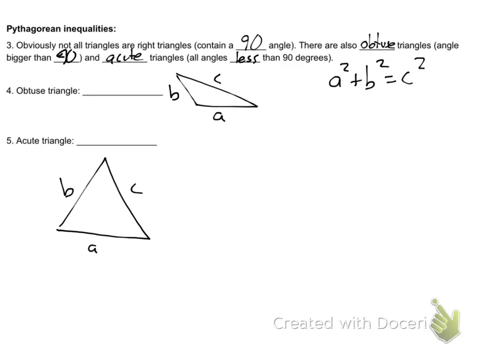And so this only works for right triangles, so I'm going to box that off. It's different when they're obtuse. When they're obtuse, I'm going to change the colors so we don't get it mixed up. There's still A squared plus B squared and a C squared, but one of these will be bigger than the other.